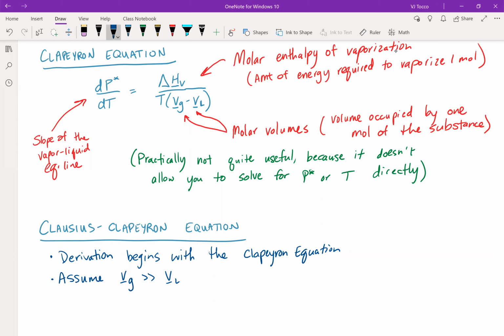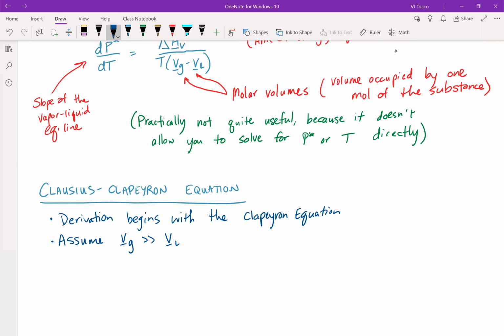So if you assume that the volume of the gas is much greater than the volume of the liquid, then in your equation, dP star with respect to dT is equal to delta HV over T times Vg minus VL, you can simply cancel VL. If Vg is much, much greater, Vg minus VL is just Vg. And then from there, you can assume ideal gas.